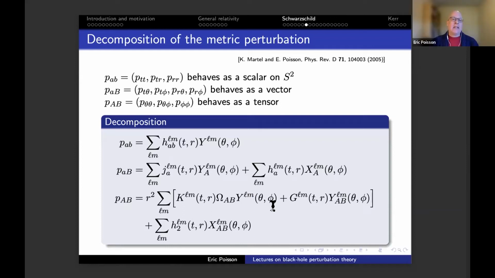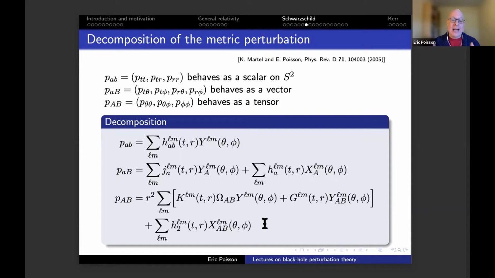So what I'm saying is that we're thinking of the perturbation, the metric perturbation tensor, as a tensor living in a background spacetime. And the nature of the background spacetime tells us what kind of decomposition is appropriate for that perturbation. So the Killing vectors inform the way that I choose to decompose my metric perturbation tensor into the spherical harmonic bases that I'm defining here.